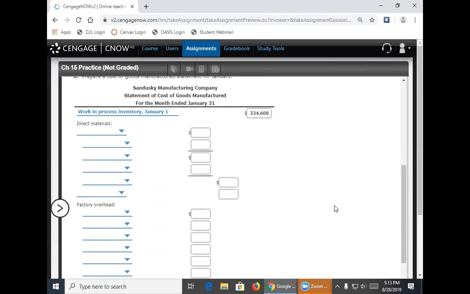The first thing we're going to calculate is how many materials were used. In the last example they gave us the cost of used materials. Here we're going to calculate it. We did that in a previous example though. So what we're doing is we're taking our beginning inventory, so January 1 beginning inventory of 180,000. We're going to add in our purchases.